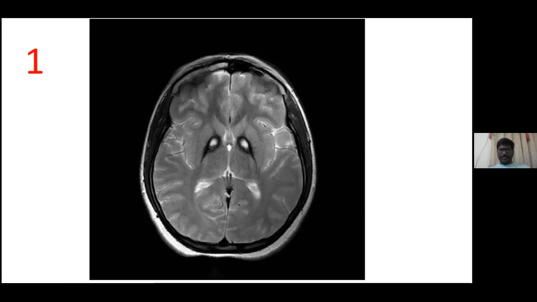If you look for the abnormality here, in the cortex you don't find much of abnormality. If you come to the basal ganglia region, this is the caudate nucleus, this is the globus pallidus, and this is the lentiform nucleus. This is the putamen. In the globus pallidus, you see the hyperintense lesion which is surrounded by the hypointense area. So this resembles the eye of a tiger.